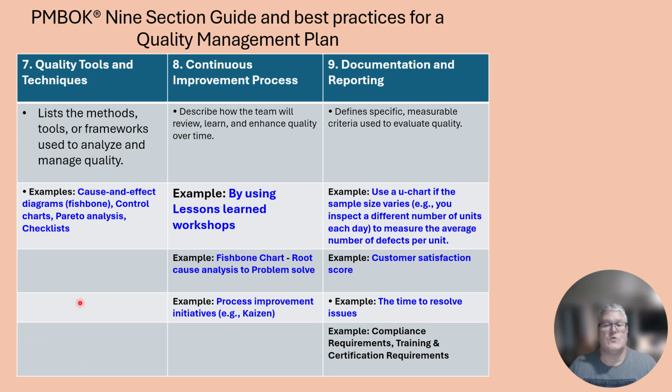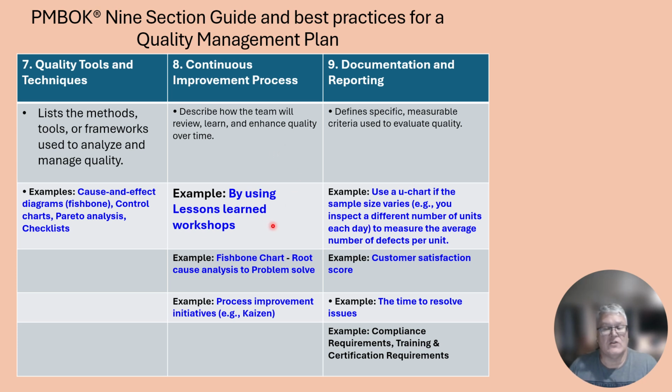Next, you have quality tools and techniques. You're listing the methods, tools, or frameworks used to analyze and manage quality. Examples would be cause and effect, using fishbone diagrams, control charts, Pareto analysis, and checklists. Then continuous improvement, identifying how the team will learn, review, and enhance quality over time.